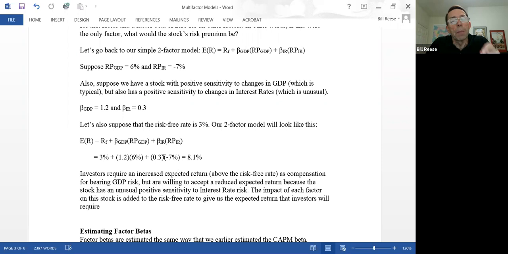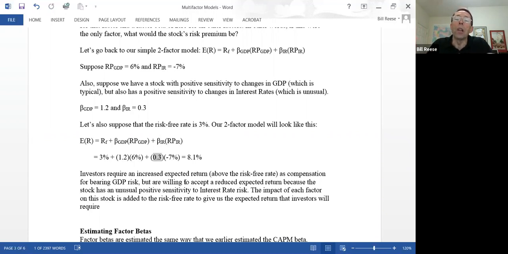So remember, we said typically if interest rates go up, a stock goes down, right? In this particular case, this stock has a positive sensitivity to interest rates, meaning it does something different from the norm. Typically, if interest rates go up, most stocks go down. But with this stock, if interest rates go up, it goes up. So investors like having stocks like that in their portfolio because it's further diversification.